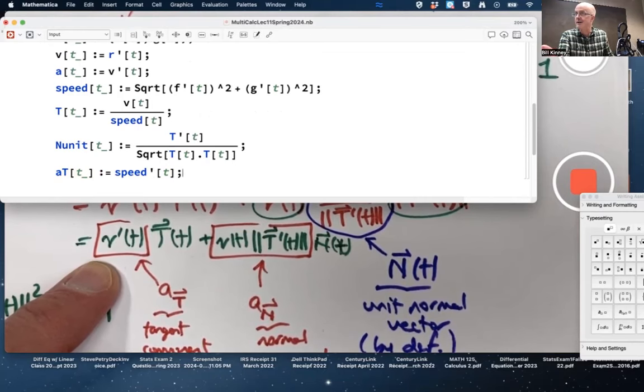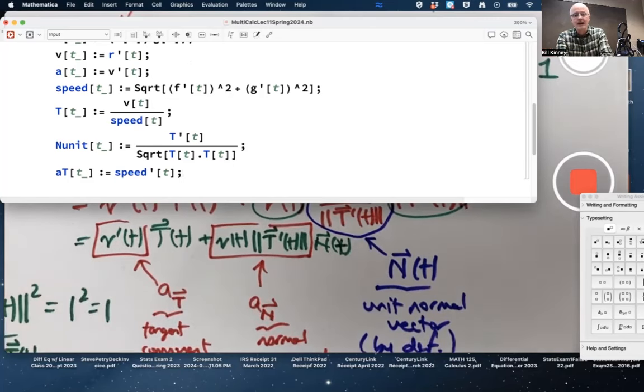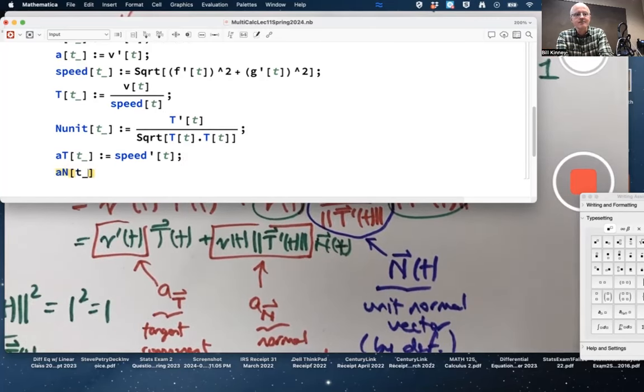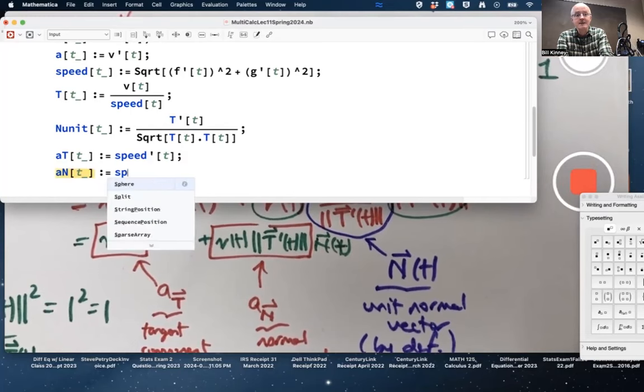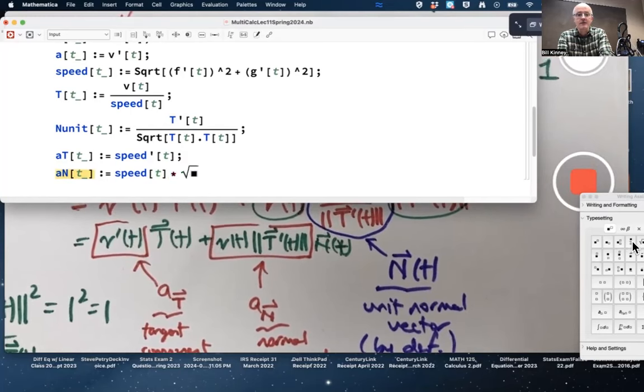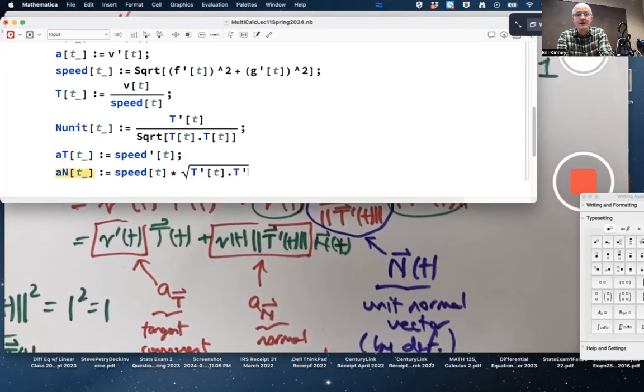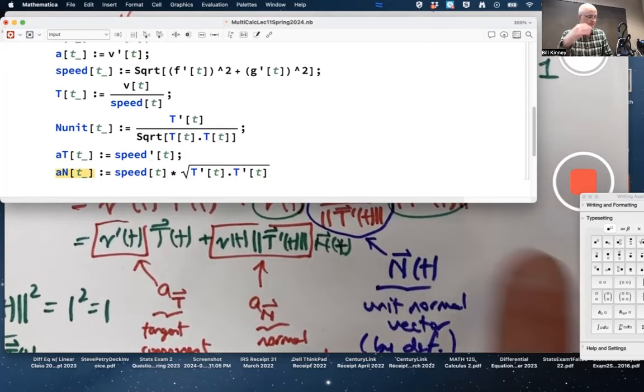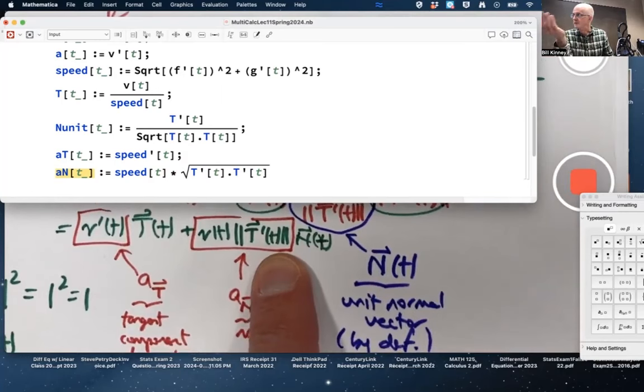This is a scalar quantity. And a n of t, I could type as speed of t times the square root of T prime of t dotted with itself. Right? The norm of the vector is the square root of the vector dotted with itself. This should work.